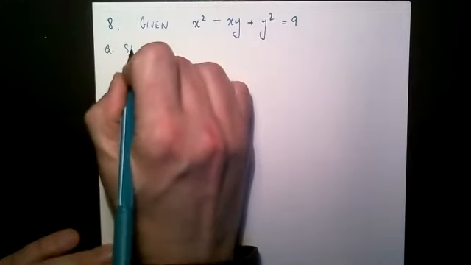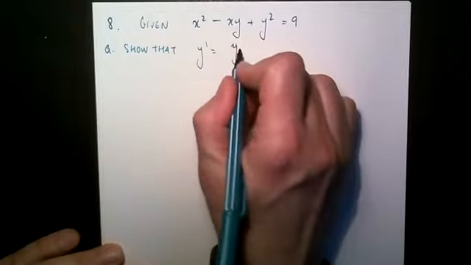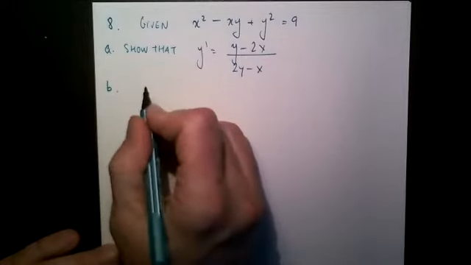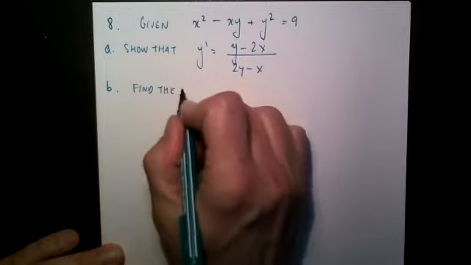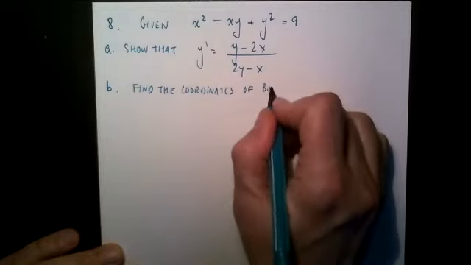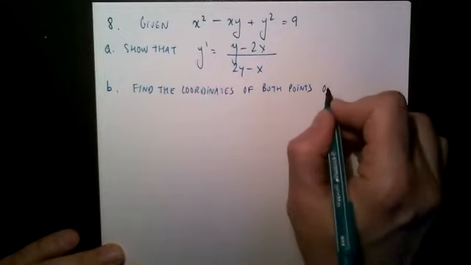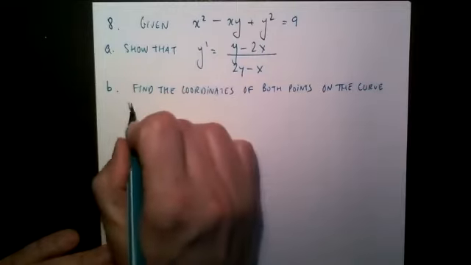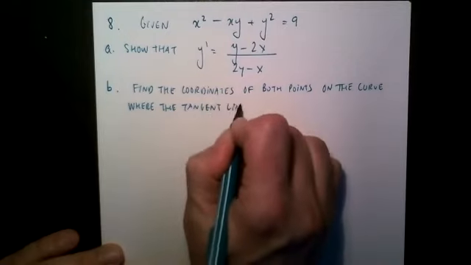A, show that y prime is equal to y minus 2x over 2y minus x, and B, find the coordinates of both points on the curve where the tangent line is horizontal.